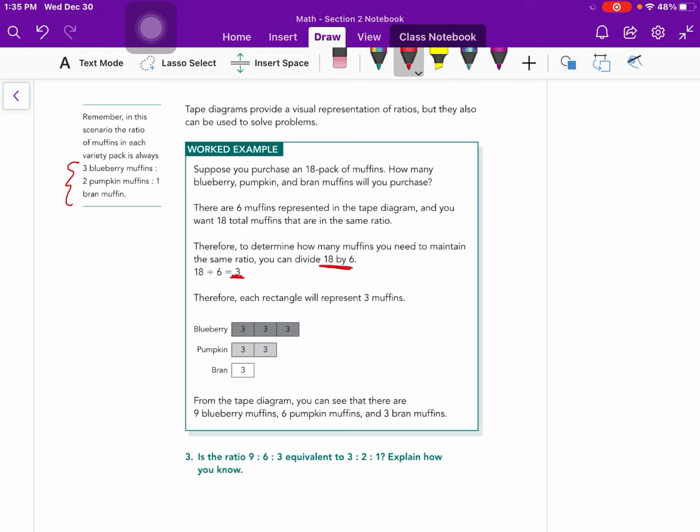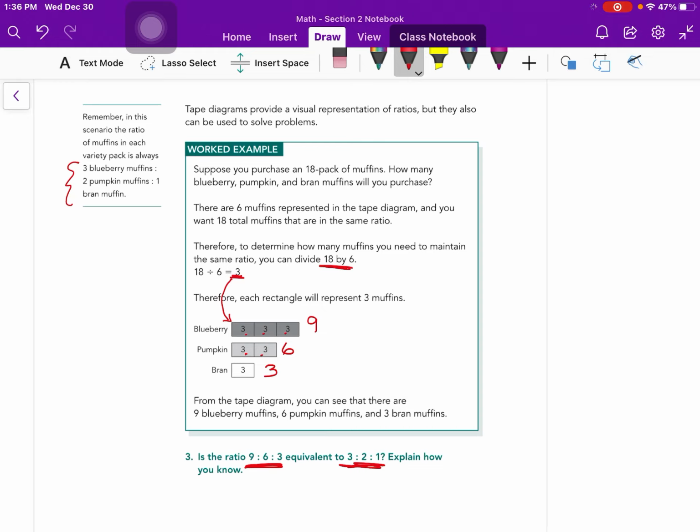Therefore, if you take 18 divided by 6, you get 3. So each rectangle down here is going to stand for 3 muffins. From the tape diagram, you can see that there are a total of 3, 6, 9 blueberry, 3, 6 pumpkin, and 3 bran. Is this ratio, 9 to 6 to 3, the same as 3 to 2 to 1?